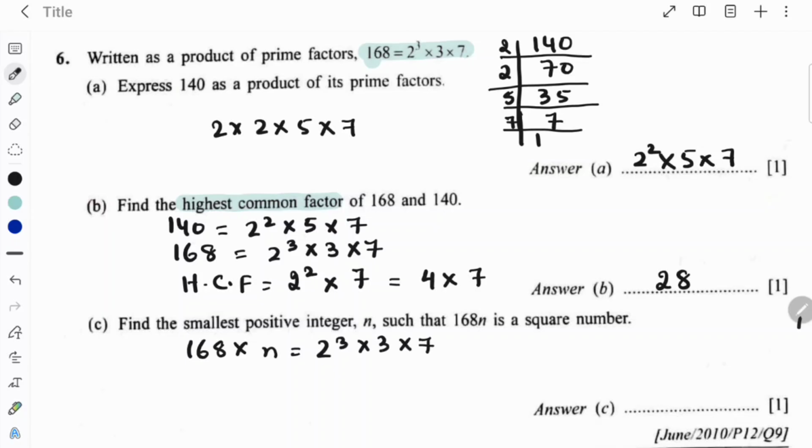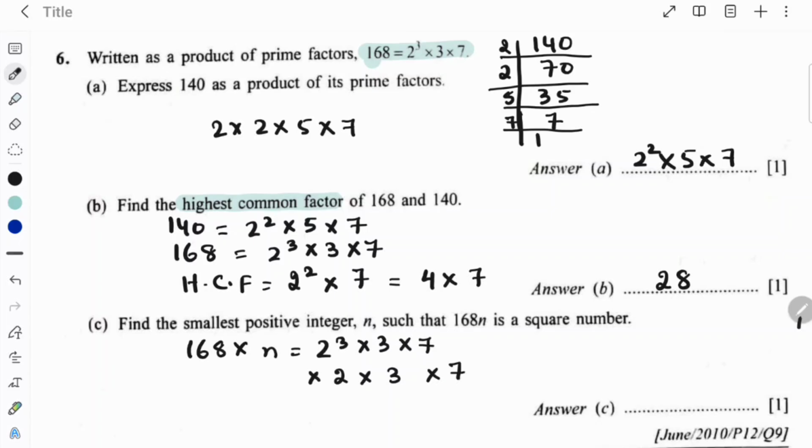We have to multiply by a number to make the power of 2 even, and 3 and 7 also. So n will be multiplied with 2, and 3, and 7. We just multiply 3 by 3 to make it a square, and 7 also.